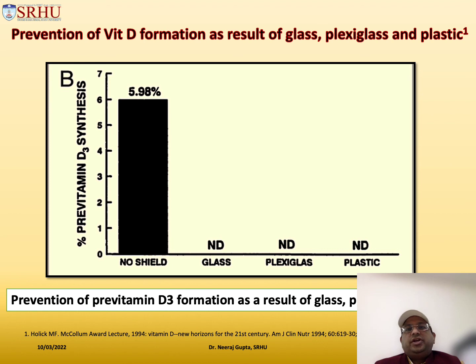In this study, it was shown how glass, plexiglass, or plastic prevented the formation of previtamin D. This knowledge will help you when you are building your new house or thinking about constructing a sunroom, because these materials will prevent UVB entry into your sunroom and will not be effective in vitamin D production.